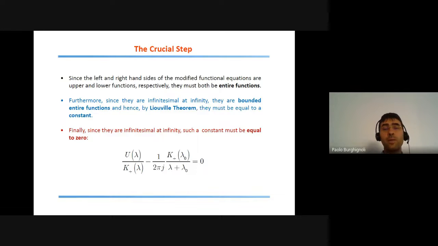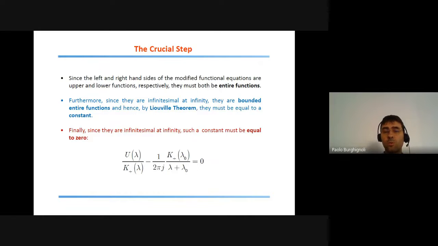And now we can employ Liouville's theorem, which tells us that if you have a bounded entire function of a complex variable, then that function must be equal to a constant. And since those functions are infinitesimal at infinity, the value of such a constant must be equal to 0. So basically, we can equate to 0 both the left and the right-hand sides of our functional equation.